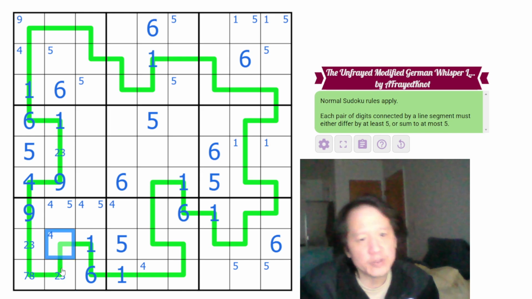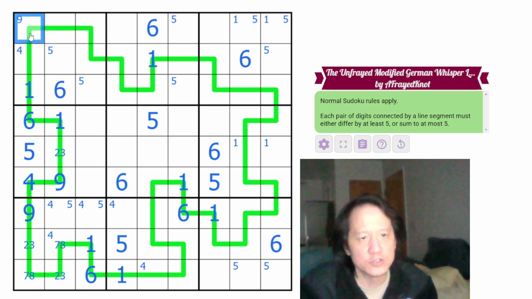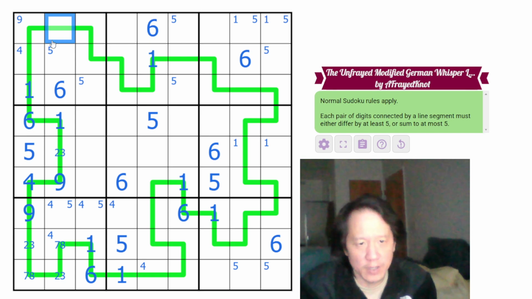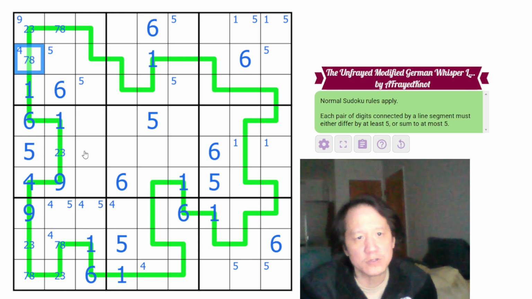And this could not be 2 or 3 or 4. So this would have to be 7 or 8 here. Well, the thing is, this can't be 2 or 3 or 1. And it can't be 4 because it would be next to 2 unique numbers without a 1. So this would have to be a high. So this would be 7 or 8, which would mean this would have to be 2 or 3, which means this is 7 or 8 also.